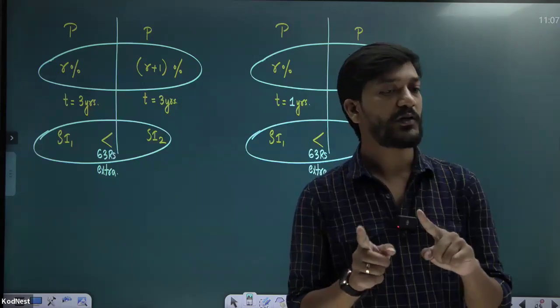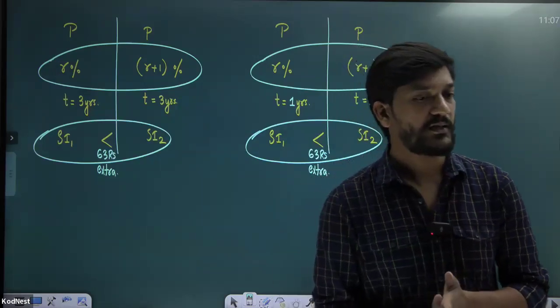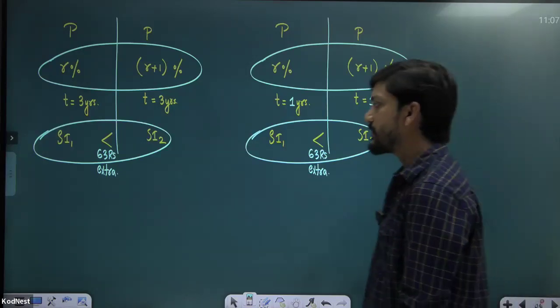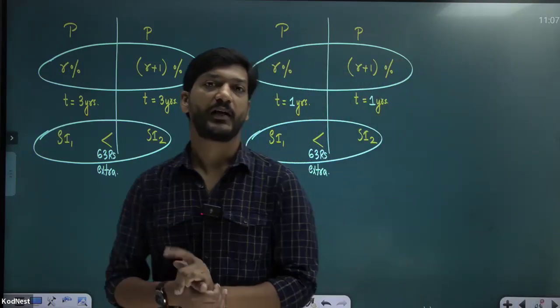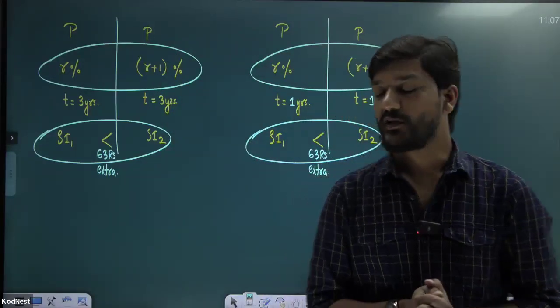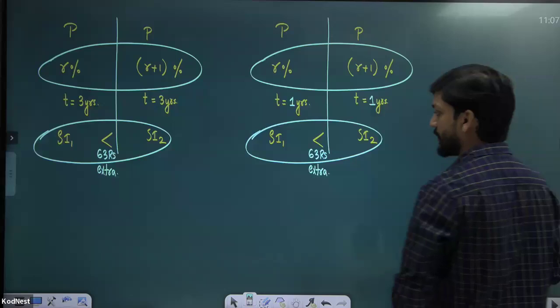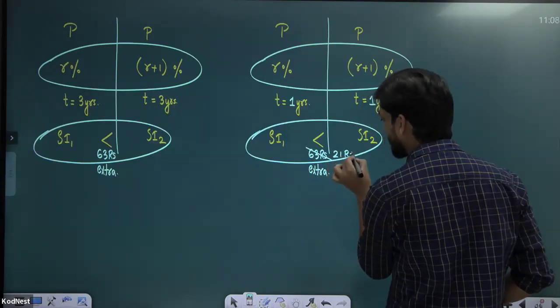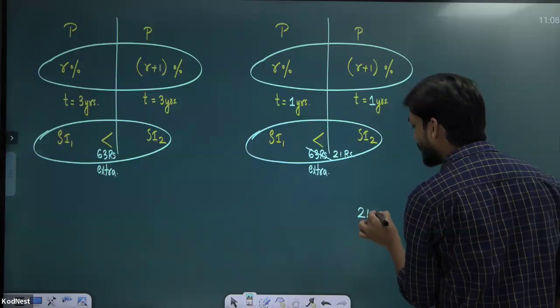In 1 year, how much extra will he get? In 1 year. 21 rupees. So he will get not 63, but 21 rupees extra.